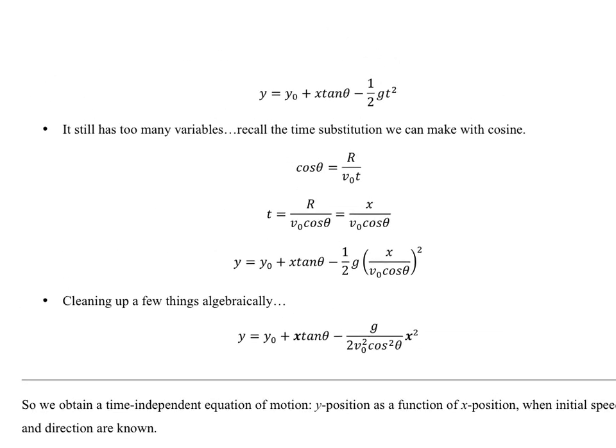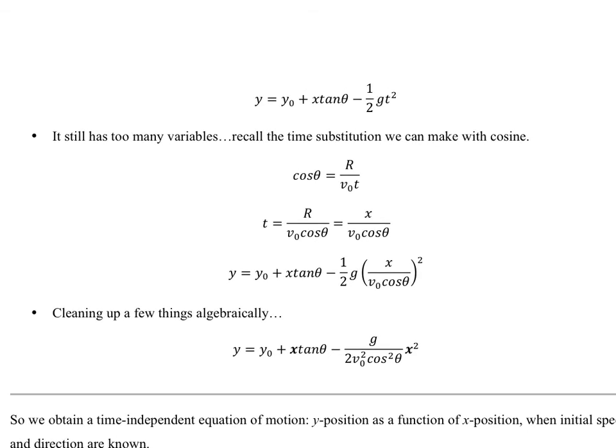So what we can do is, since height is in the y direction, we're talking about y direction motion. So h and h naught would just be y and y naught, correct?